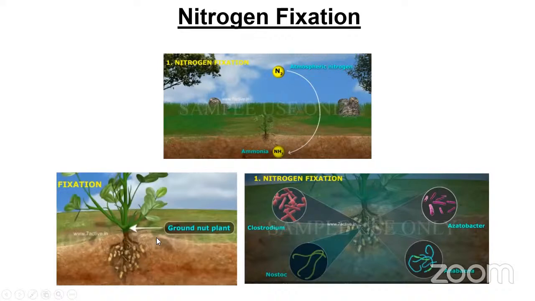An example is the groundnut plant. Besides leguminous plants, there are some bacteria which can also fix nitrogen. These are known as nitrogen fixation bacteria, and examples include Clostridium, Azotobacter, Nostoc, and Anabaena.